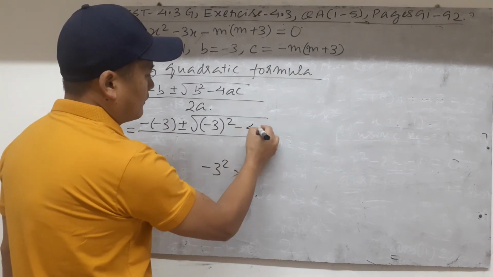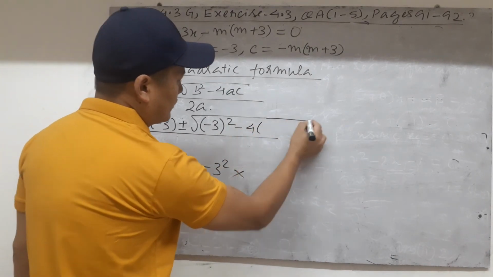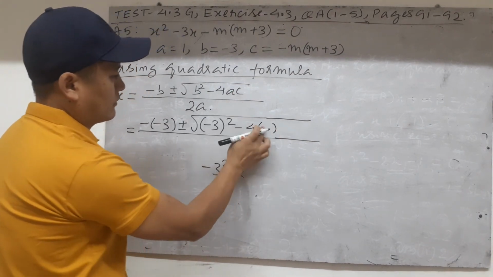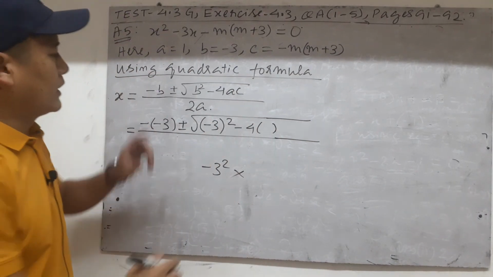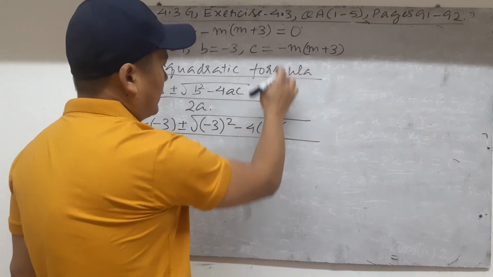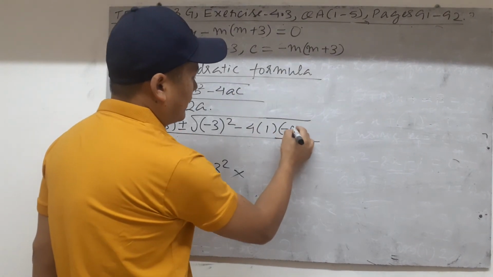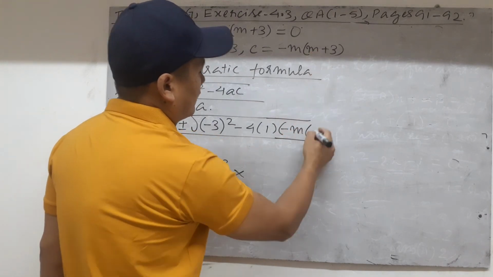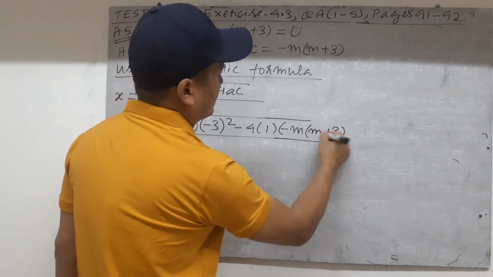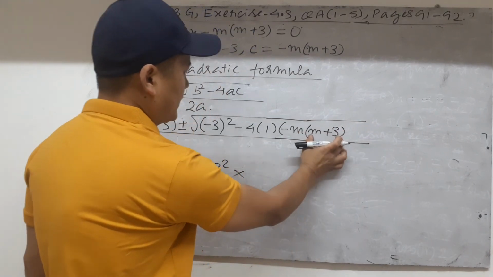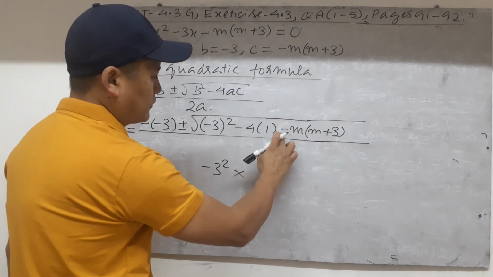Minus 4 into, we can better use a bracket, that will avoid confusion. Here you put a in this bracket. So 1 into, again, c. There in that bracket you put this minus m, and here another bracket, m plus 3. Since we have used the first bracket already, you would have to use a second bracket.